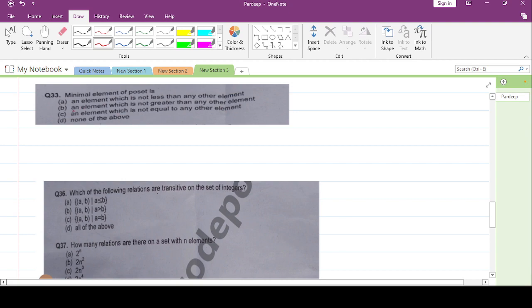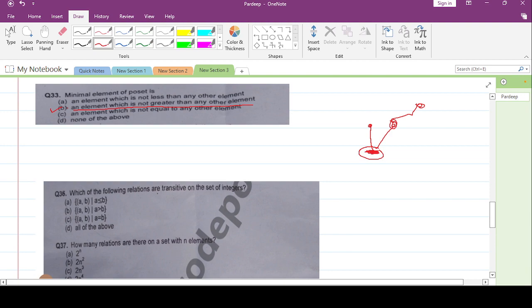See, an element which is not greater than any other element, in the hierarchy it should come at the bottom. This element is not greater than any other element of this diagram, so we can say that this option is the correct answer.